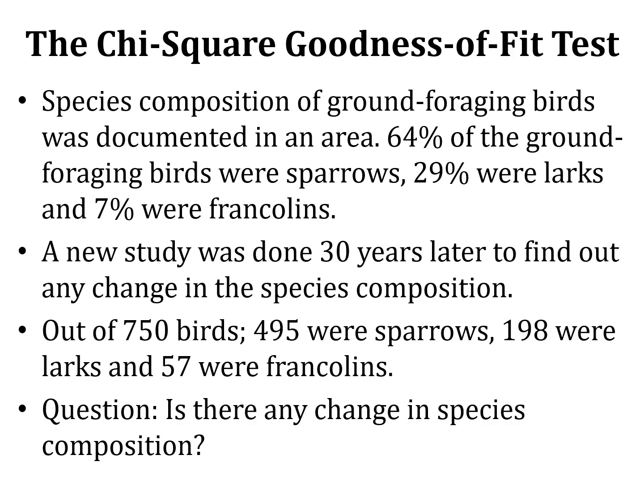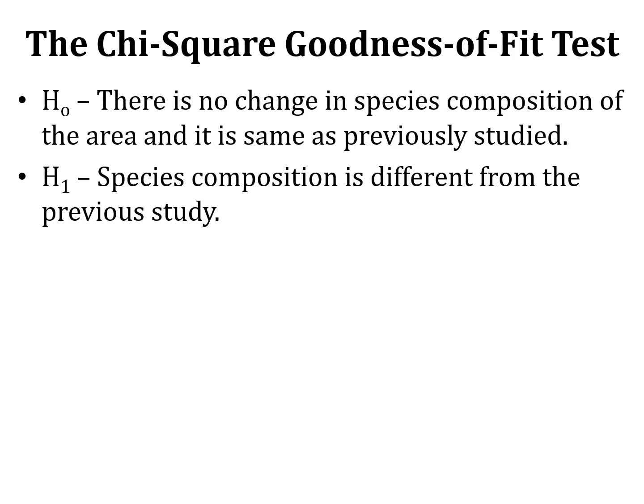So again, we are dealing with frequencies, so we have to apply the chi-square test. And what kind of chi-square test? The chi-square goodness of fit test, because we have a pre-existing ratio, the pre-existing relative frequencies of different nominal categories. So the next step is to state the null and alternate hypotheses.